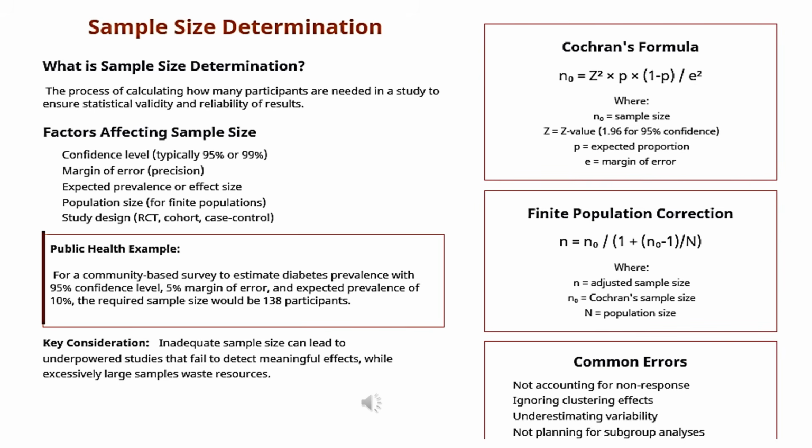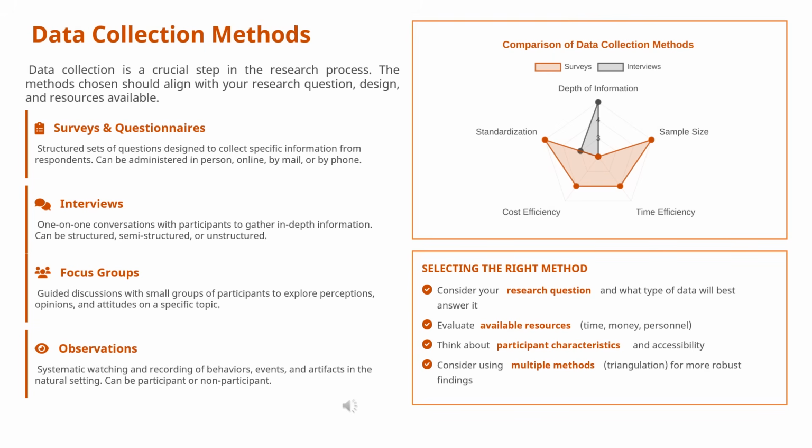So you need to pay attention to some of the common errors to avoid experimental error and invalid results. Yes. So next we look at data analysis and the types that are used in public health.